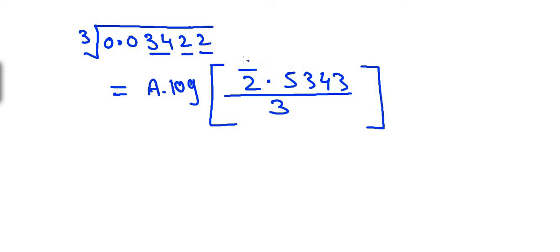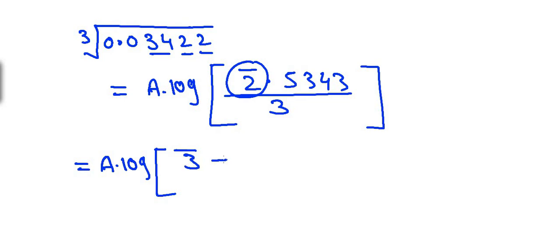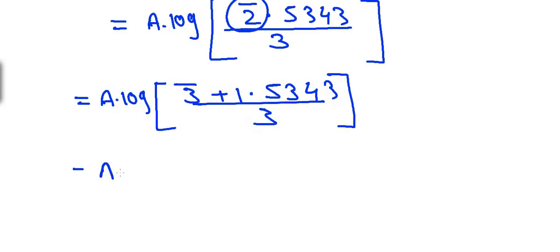Now once again, bar 2 is not divisible by 3. So we have to adjust the bar 2 in terms of the denominator. So that is equal to bar 3 plus 1.5343, divided by 3. That is equal to antilog of bar 3 divided by 3, that is bar 1, point.